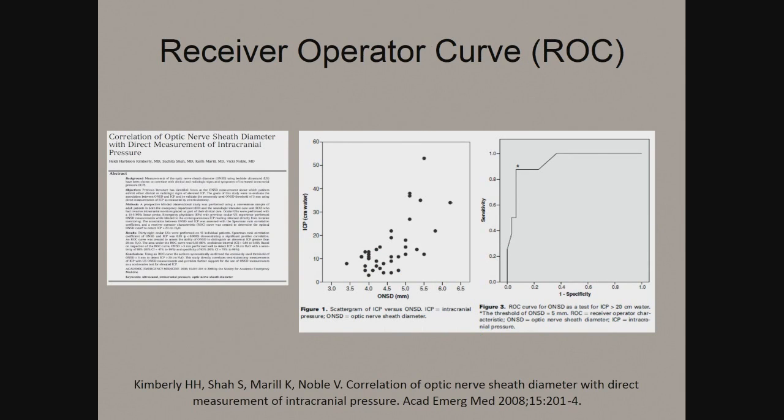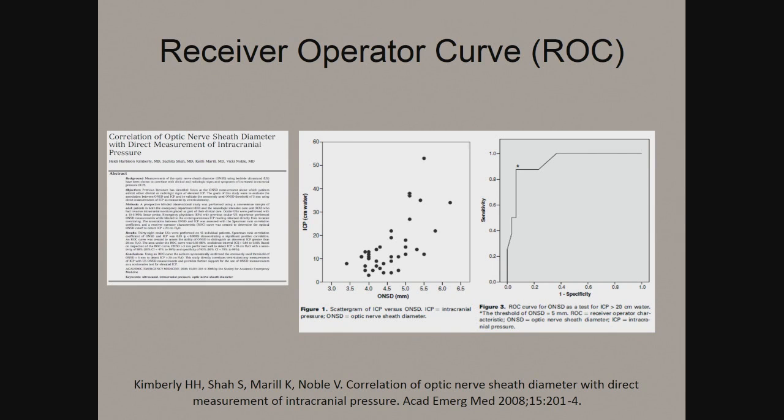And one other point that I want to discuss with you is the idea of the ROC curve. So this is a study that two of the physicians in my department did a few years ago, Heidi Kimberly and Sasita Shah, looking at whether the optic nerve sheath diameter is correlated with opening pressure on LP. The basic idea being, can you use ultrasound and optic nerve sheath diameter to predict CSF pressure.